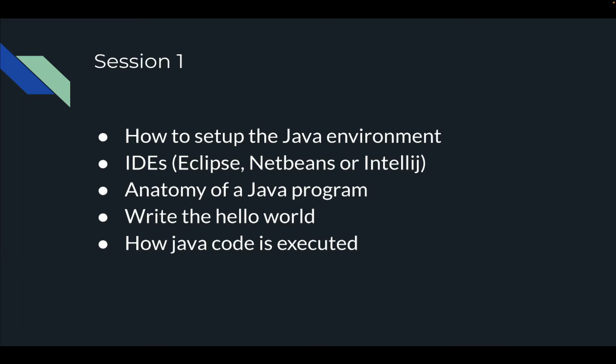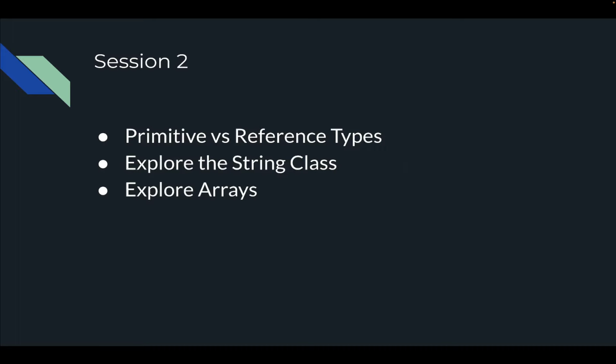And then you'll need to learn how Java code is executed and how it can be different from other languages like C or C++, and how it can be similar, for example, with Python. You finish session 1, you know how to write a hello world, that's okay.